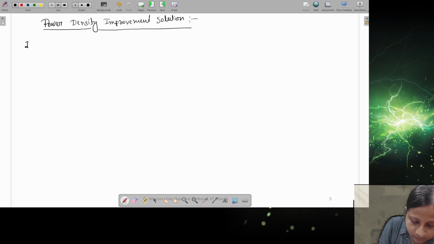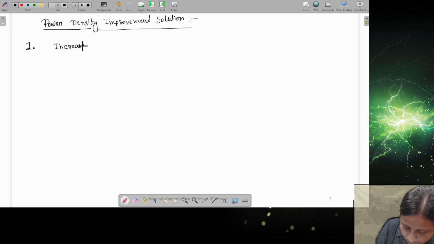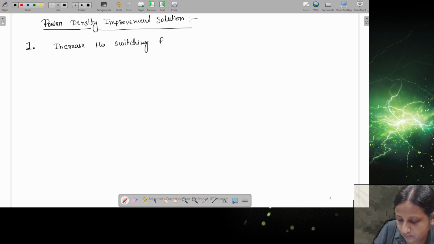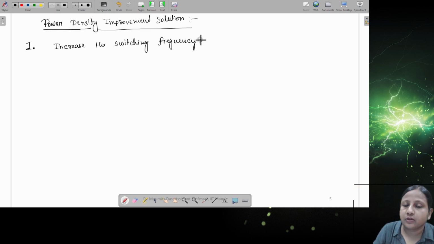There are points, so let's see how it can be done. Point 1 is to increase the switching frequency. Okay, so this is the first step that can be taken.